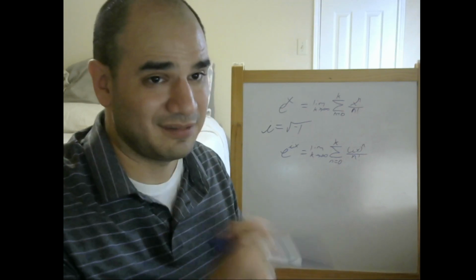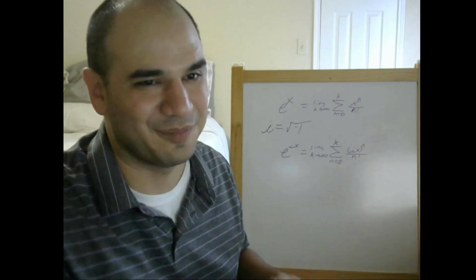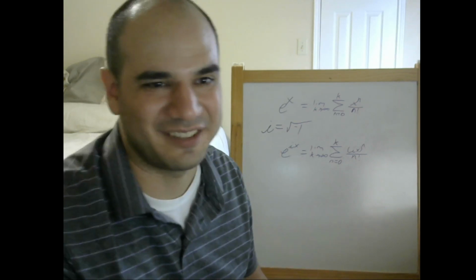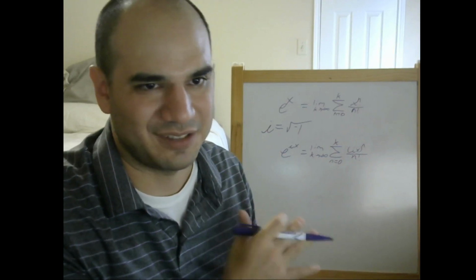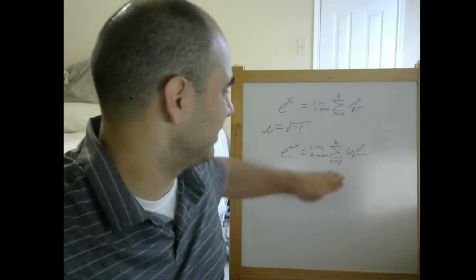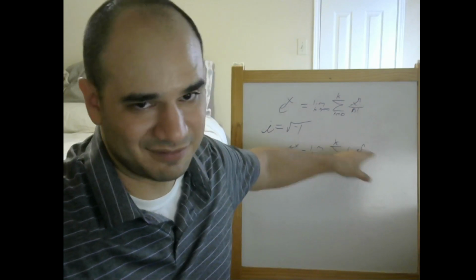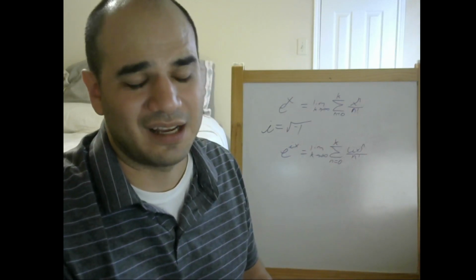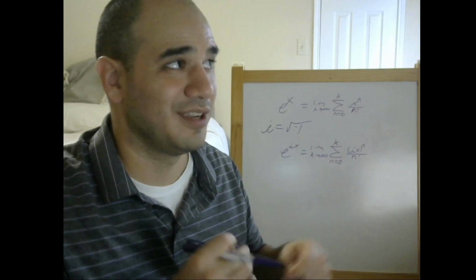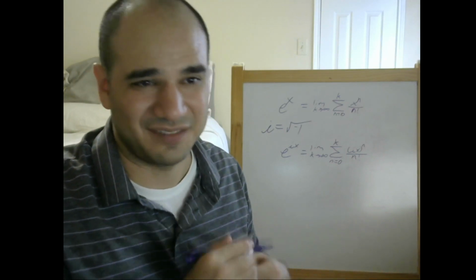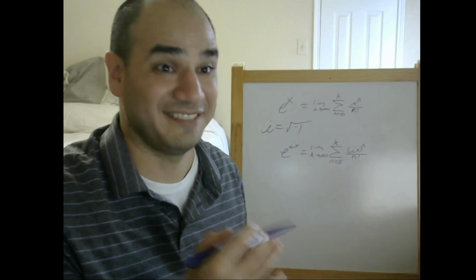So the imaginary component disappears on those even terms for this series, because n is in the exponent, and it's present for all of the odd ones. So let's split it up into a series of even and odd terms, and then see what we get.